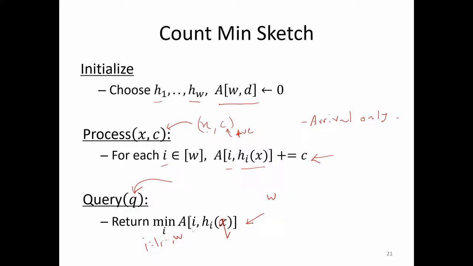Each of these is trying to store f of q. You just return the minimum of these.